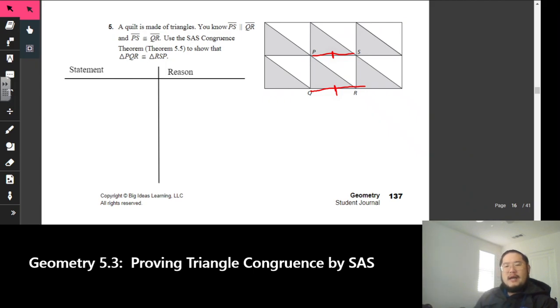And we're trying to use side angle side to prove that PQR is congruent to RSP. Okay, so let's try right here. We're going to go ahead and prove that PQR, so this triangle right here in green, is congruent to RSP.